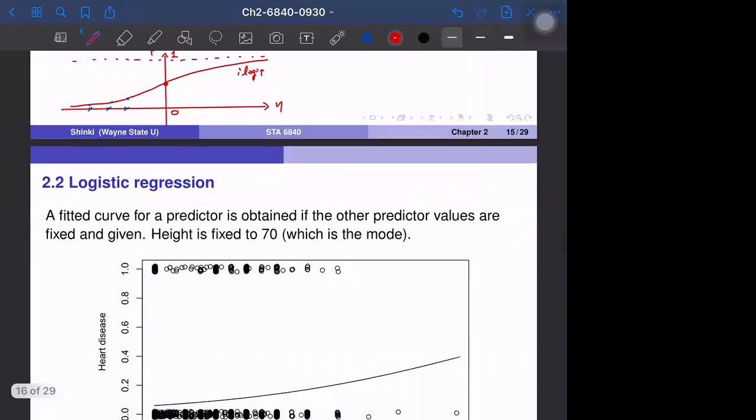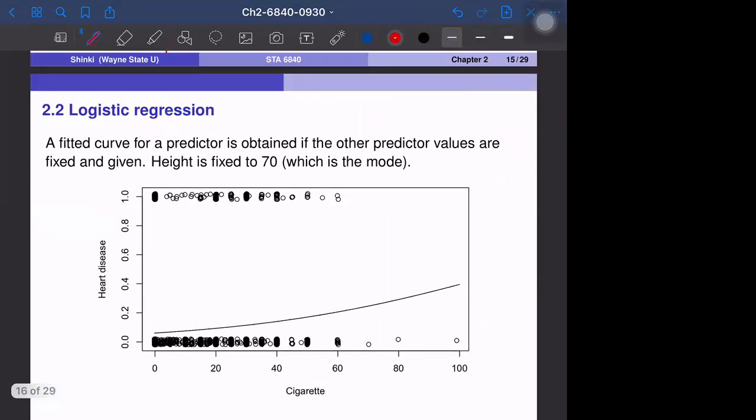Next we think about the fitted curve for a predictor. We want to see the risk of heart disease by the number of cigarettes smoked per day. For now we ignore the height factor because it's not our interest at this point.